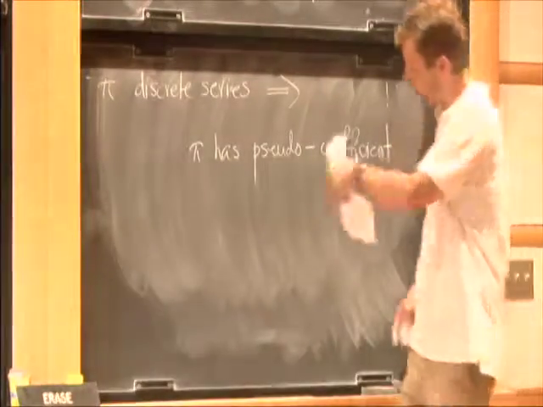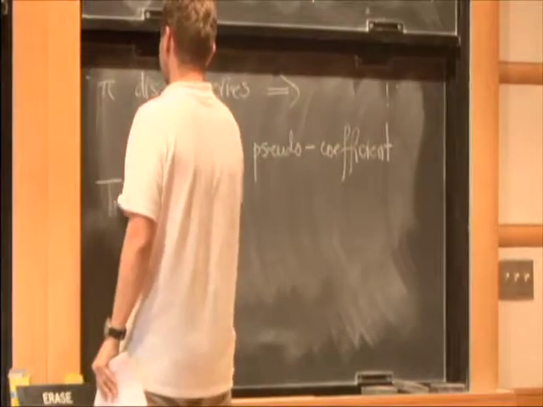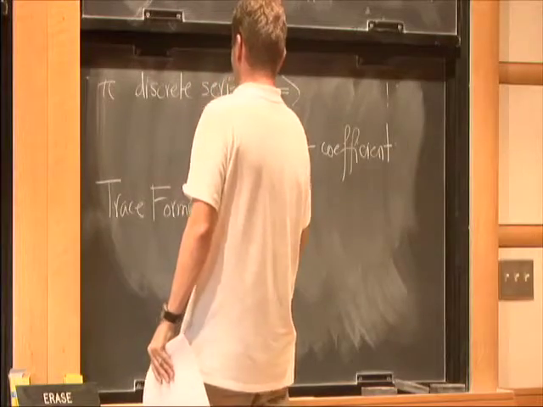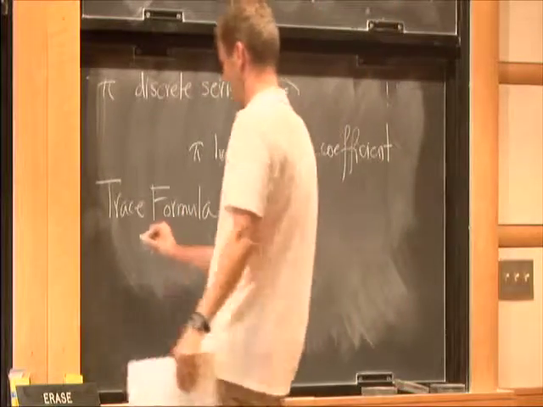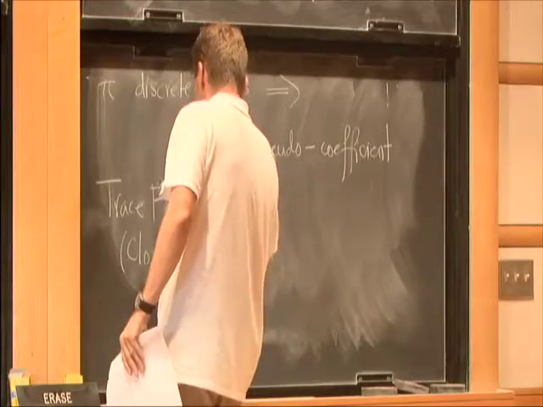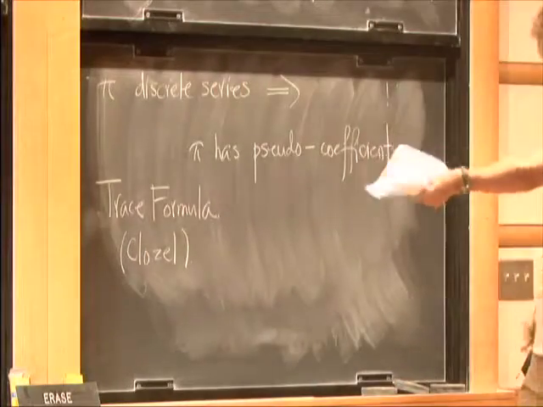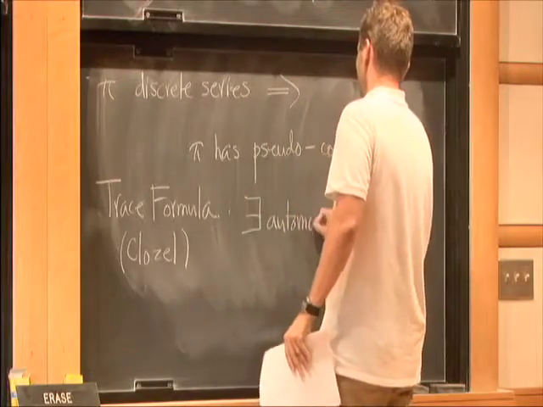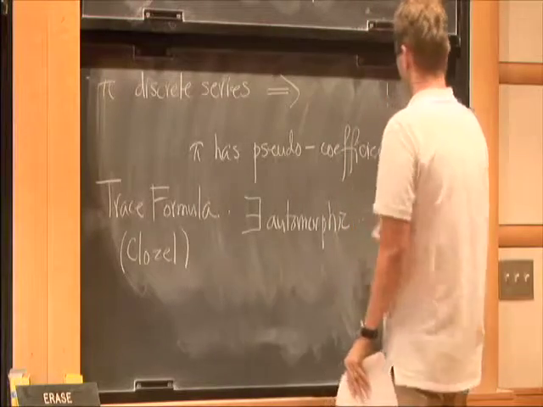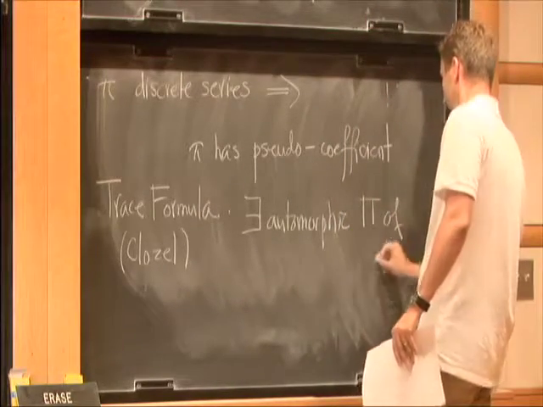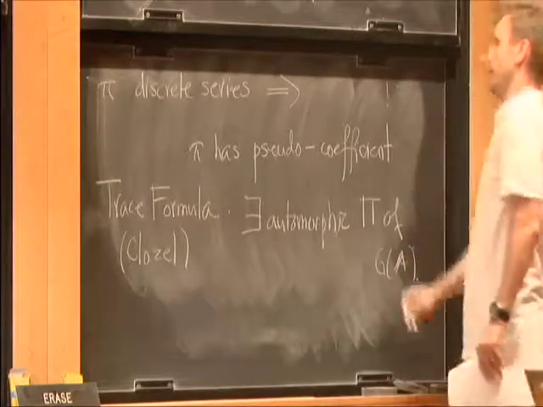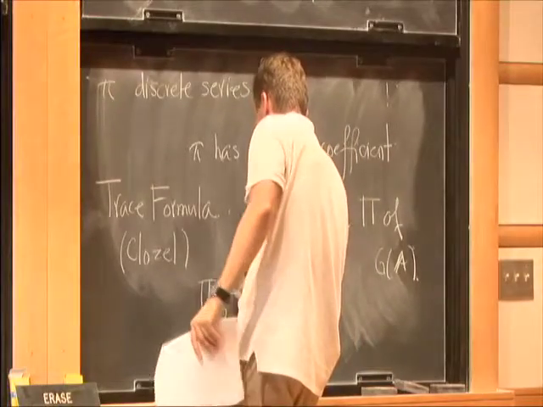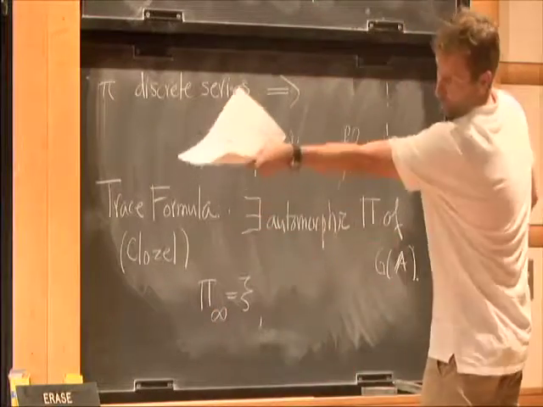And if you plug that into the trace formula, which is really simple in this case, there's this argument of Clozel that allows you to produce an automorphic representation pi of G(A) such that at infinity it's your given psi, and at p it's that given pi. Right?